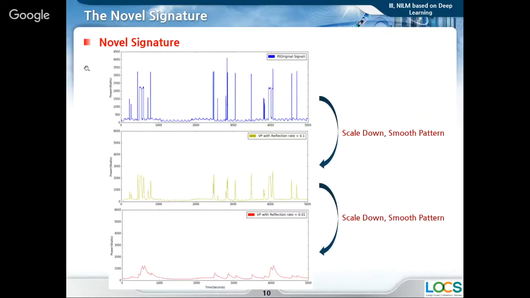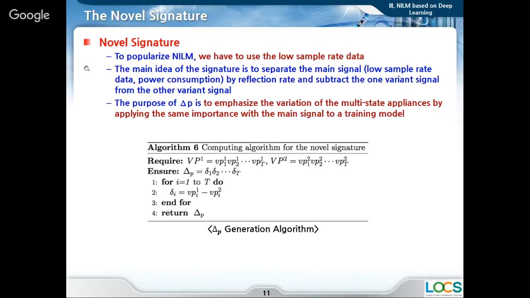As we can see, the smaller the reflection rate, the lower the scale becomes, and the smoother the pattern is than before.